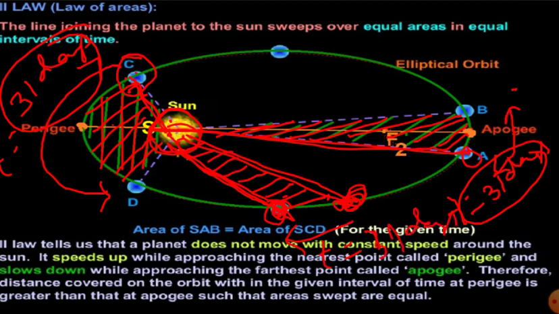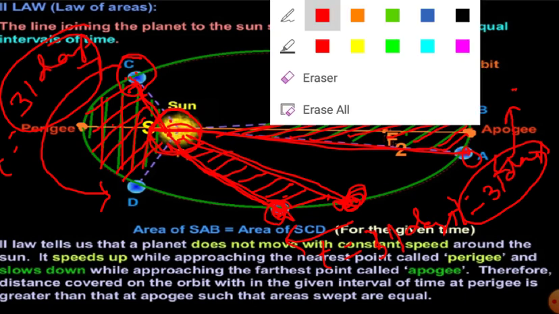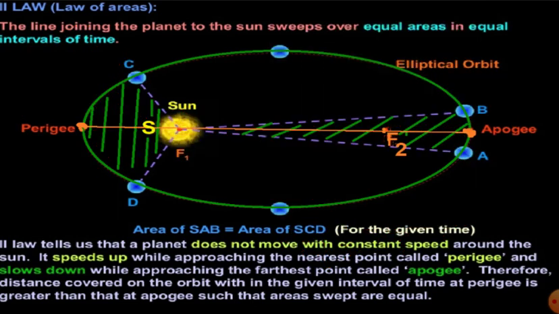31 days. So during the same time, the line joining this planet and the sun will sweep equal area. That is known as your law of area. Again, let's state it: the law of area states that the line joining the planet and the sun sweeps equal area in equal interval of time.